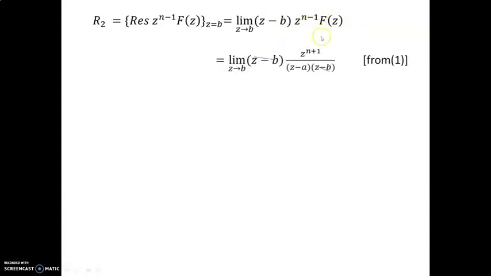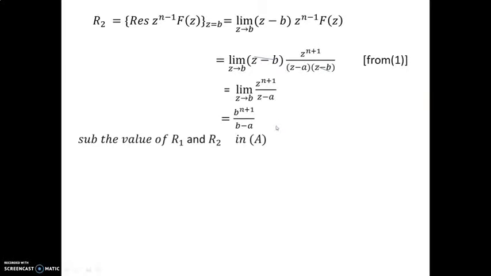So substitute z^(n-1) f(z), which is z^(n+1) by (z - a)(z - b). So (z - b) cancels. We get the limit as z tends to b of z^(n+1) divided by (z - a). Next, substitute the limit value in place of z, which is b. So we get b^(n+1) by (b - a). So we got the second residue R2.